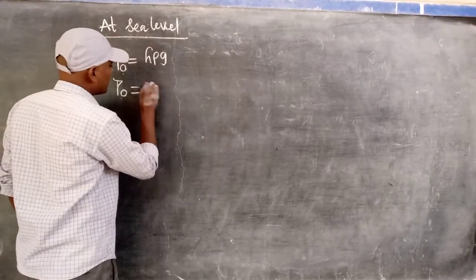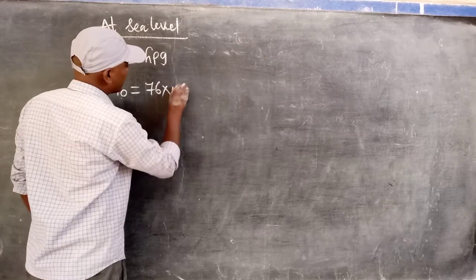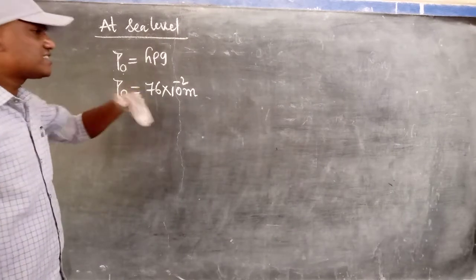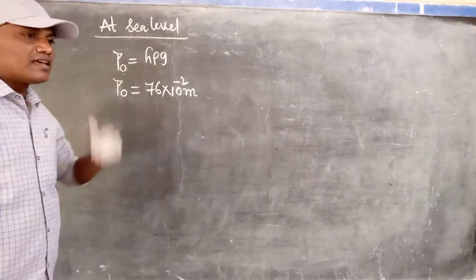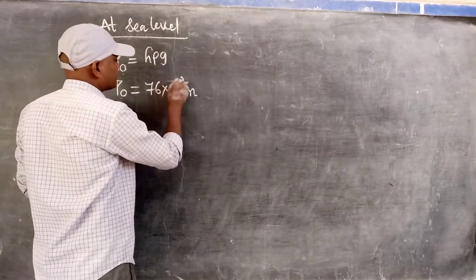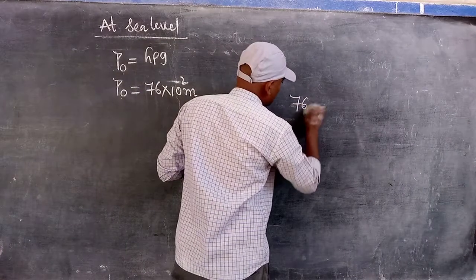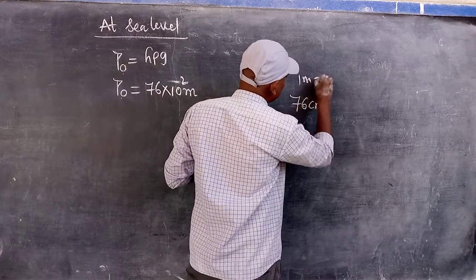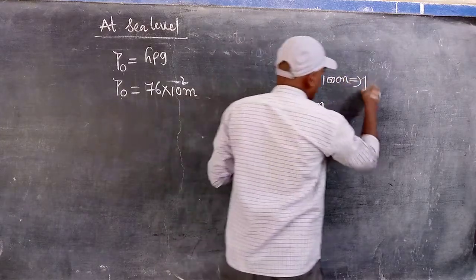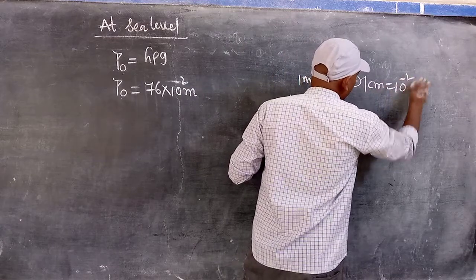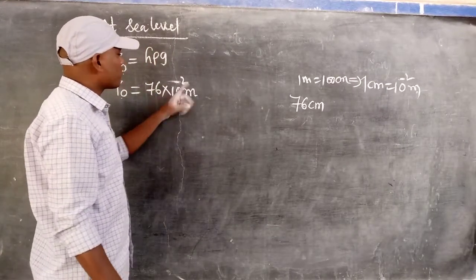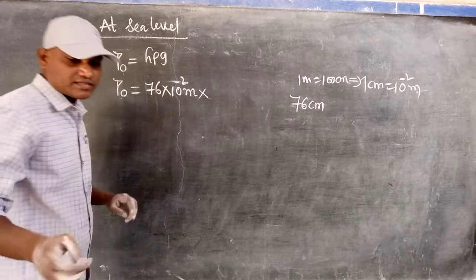That's why 76 into 10 power minus 2 meter, because we find the value in SI unit. 1 meter is equal to 100 centimeters, so 1 centimeter is equal to 10 power minus 2 meter, or 1 by 100 meter. That's why 76 into 10 power minus 2 meter, into next.